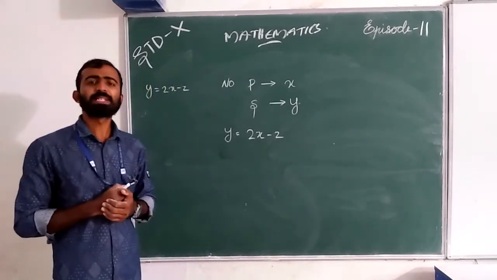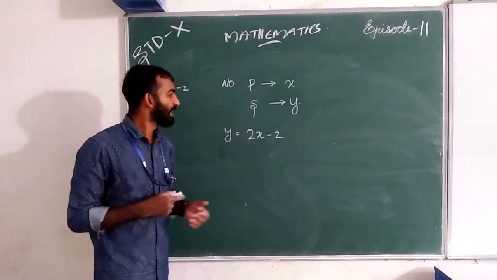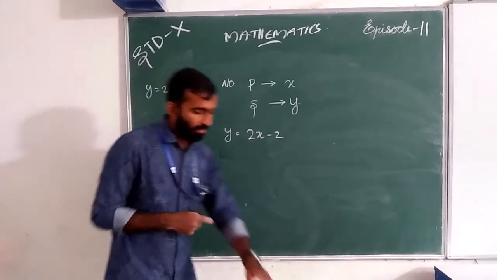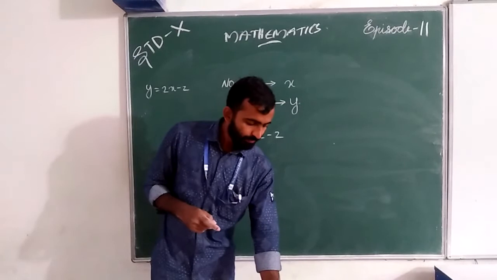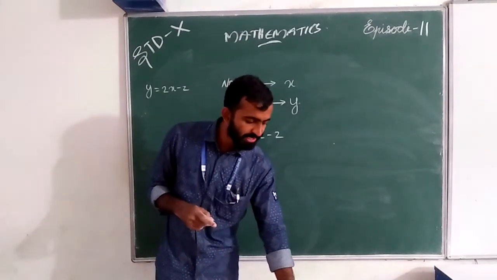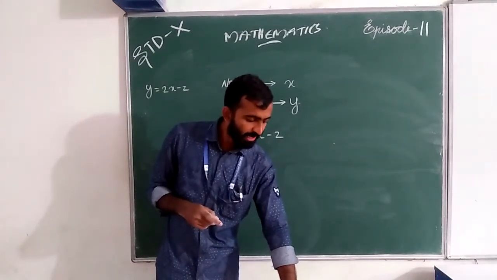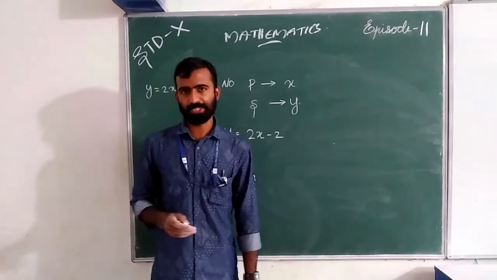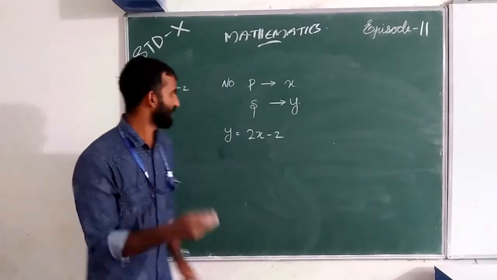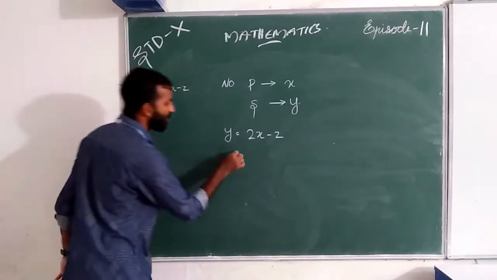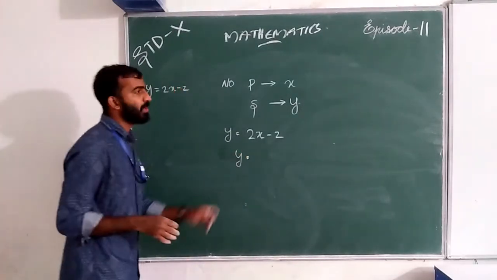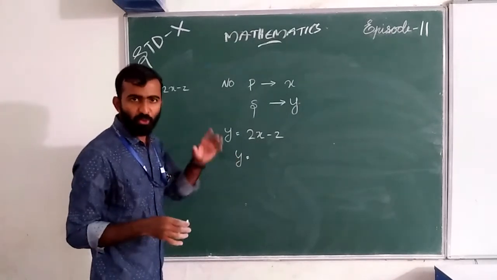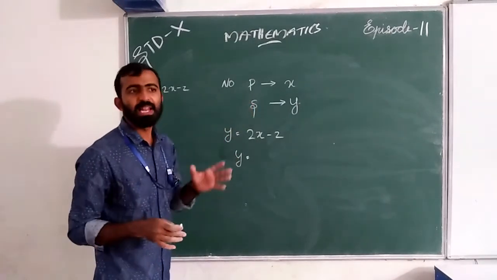And what is the second condition? I repeat, the number of shirts is 4 less than 4 times the number of pants purchased. That is, y equal to 4 times pants less than 4.